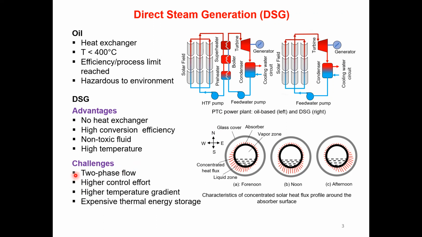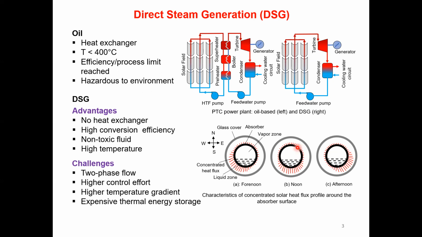At the same time, there are some challenges in the commercialization of DSG technology. The two-phase flow in the solar collector requires a high-effort control mechanism to deliver steam at a constant rate to the power block. Further, the non-uniform heat flux around the absorber surface and two-phase flow induce high circumferential thermal gradient in the absorber wall.